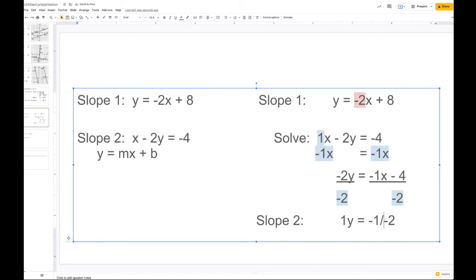Negative divided by negative will turn to a positive. Okay, so that's positive 1 half x. And here we're going to do negative 4 divided by negative 2. Negative divided by a negative is a positive. 4 divided by 2 is 2.